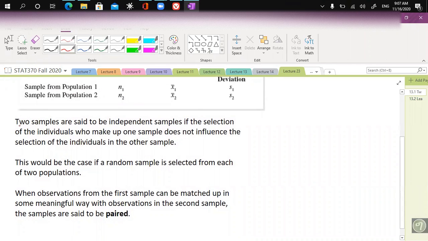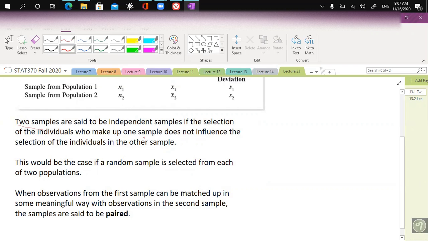Now, when we say two samples are independent, this is when the selection of individuals who make up one sample does not influence the selection of individuals in the other sample. A simple example of this is when you select a sample from two different populations.